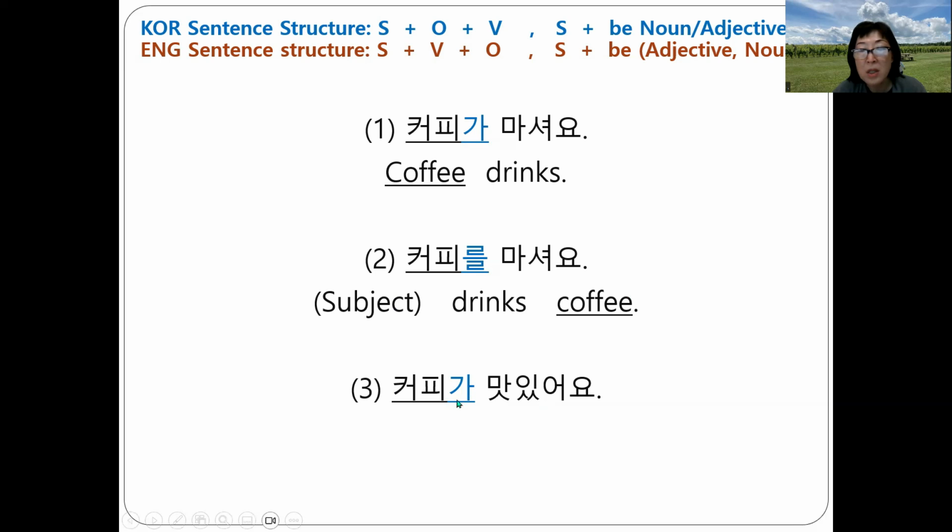커피가 맛있어요. Again, seeing that there is a subject indicator, coffee is used as a subject. So coffee goes here. And 맛있어요. What is 맛있어요 in English? It's delicious or tasty. So it is an adjective structure. So coffee here and the adjective here. So coffee is delicious. Correct, right? I know it's not easy.